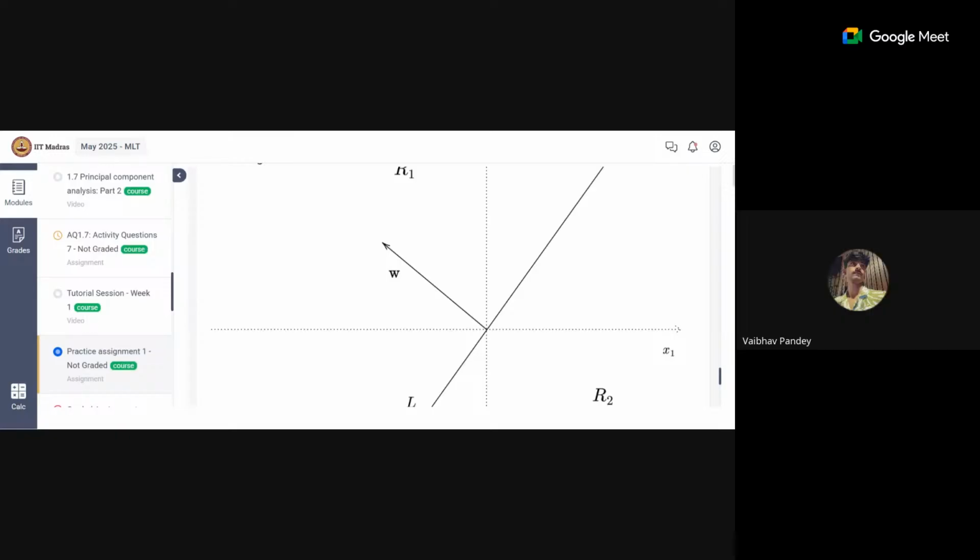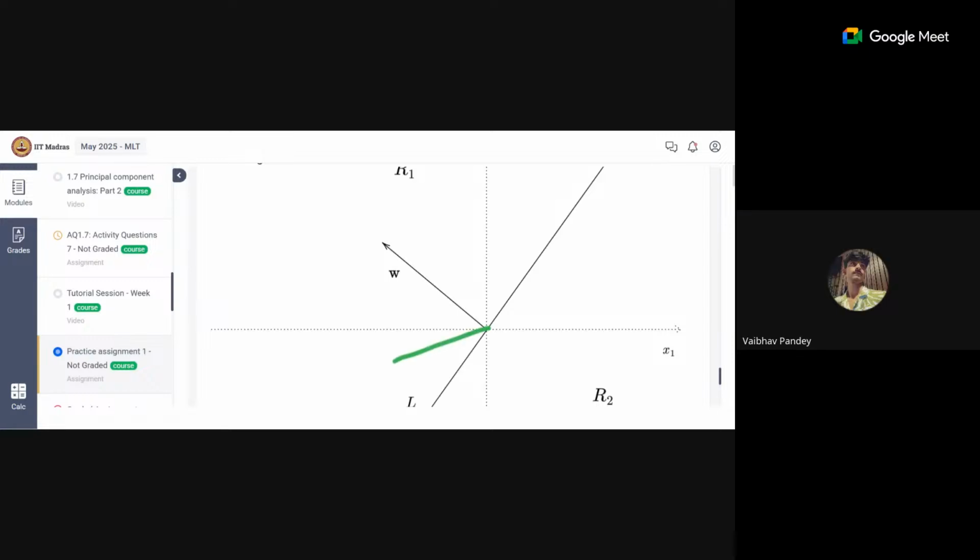Yes, ma'am. Now, if you take any X in region R1, what is its angle going to be with respect to W? It is going to be less than 90 degrees, right? So the cos theta value will be positive, right? You get my point?